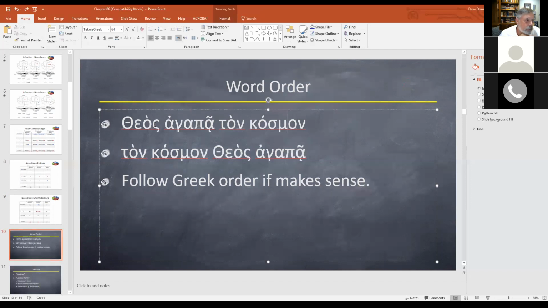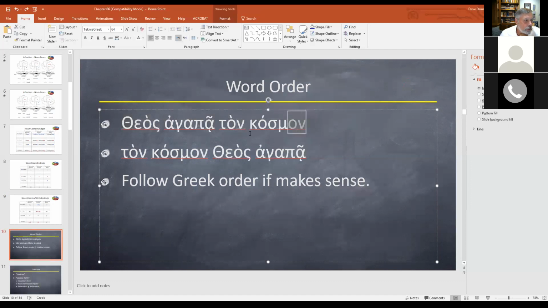So we have to know the case endings. Here's my omicron sigma. Omicron sigma is going to be the subject. So when I put this in English, I'm going to put the os as my subject. Now, we haven't got to this ending yet. That's an indirect object, so we'll skip over it. But here we've had the ton ending and the cosmon ending.